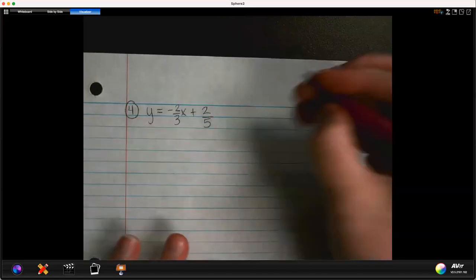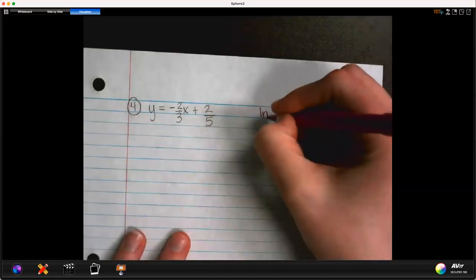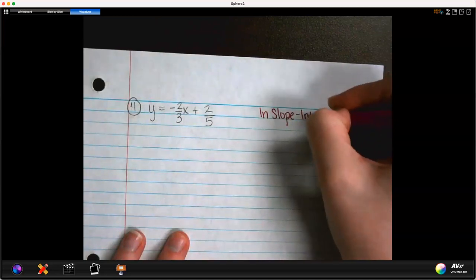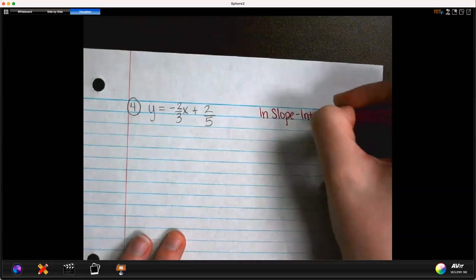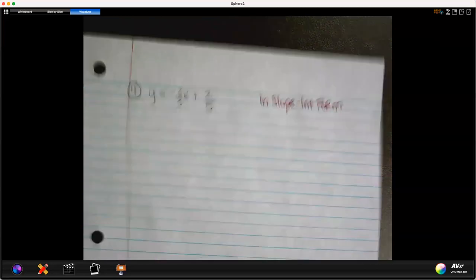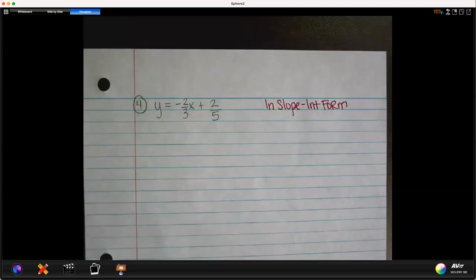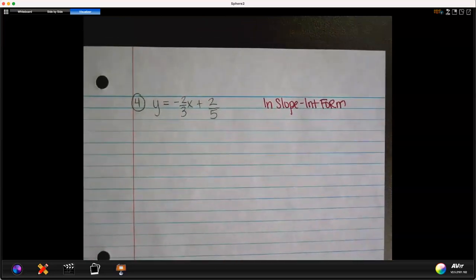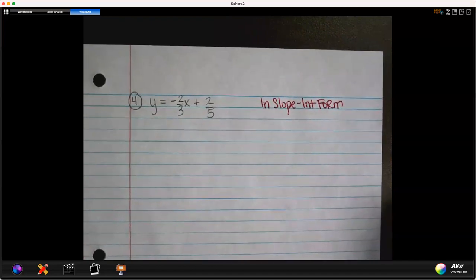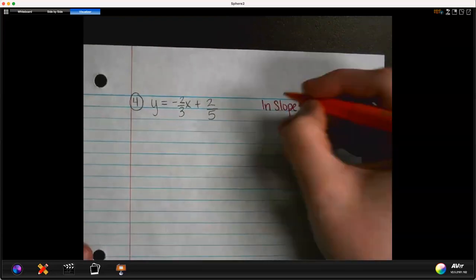It's in slope-intercept form. And in general, how could I get this out of slope-intercept form and into standard form? What would be my solution to fix the slope-intercept form? Subtract y.